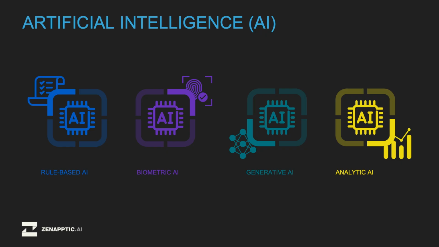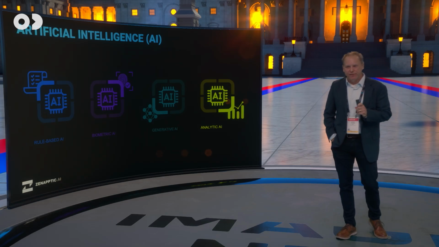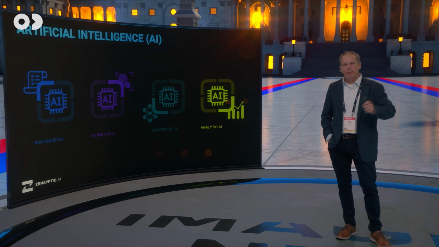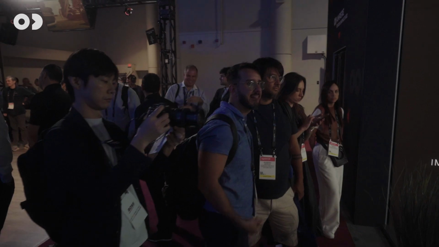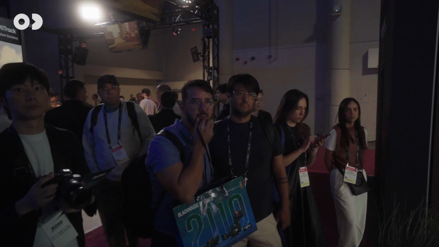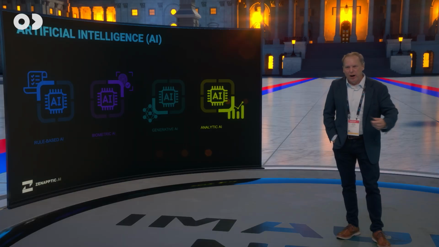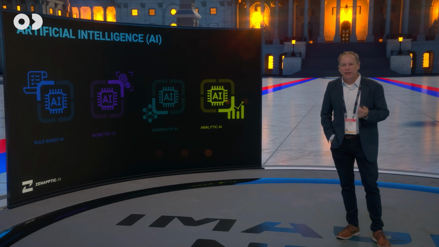And then the last slide, something very near and dear to our hearts at Zenapptic AI, is artificial intelligence. And to us, AI means a few different things. It's not just about creating content on the screen, but that's part of it. It's about rule-based AI, changing the content on the screen based on AI feedback. It's about biometric AI.